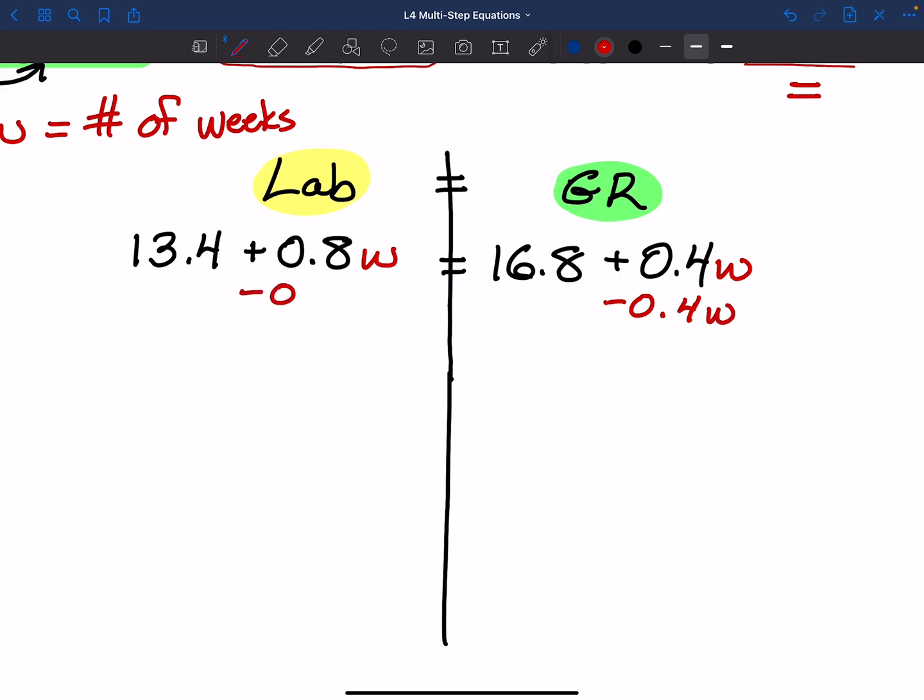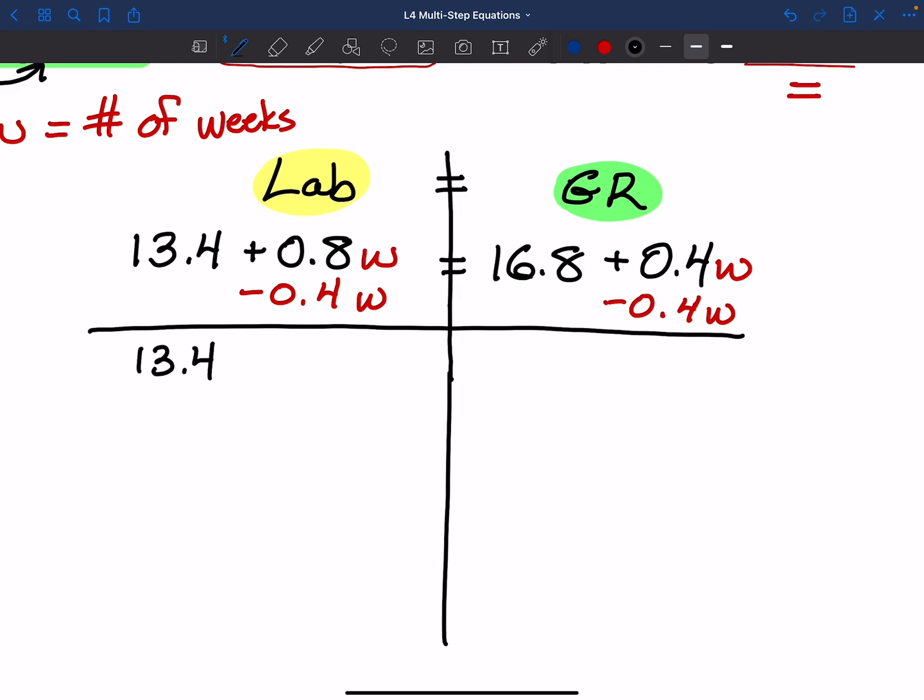All right, when I do that, I need to do the same thing over on the other side as well. So we got 13.4. We had 0.8, and we're taking 0.4 away. So we're still going to have 0.4 with a W there. Over on the other side, we have 16.8, and those W's are gone.